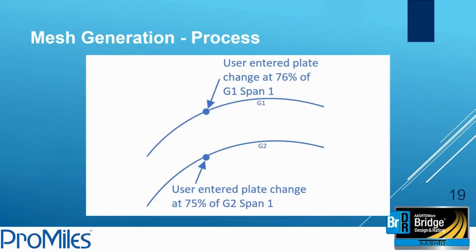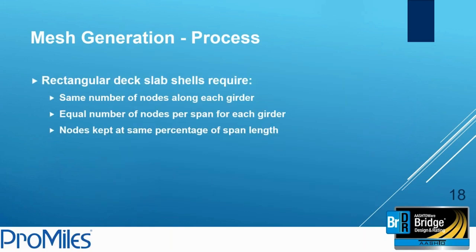So this is an example where, for the girder G1, we have a user-entered plate which changes at 76% of G1 in span 1. And then for G2, we have a user-entered plate which changes at G2 in span 1 at 75%. So, to follow the previous rule, we have to create the same node on the other girder, which does not exist for that girder.